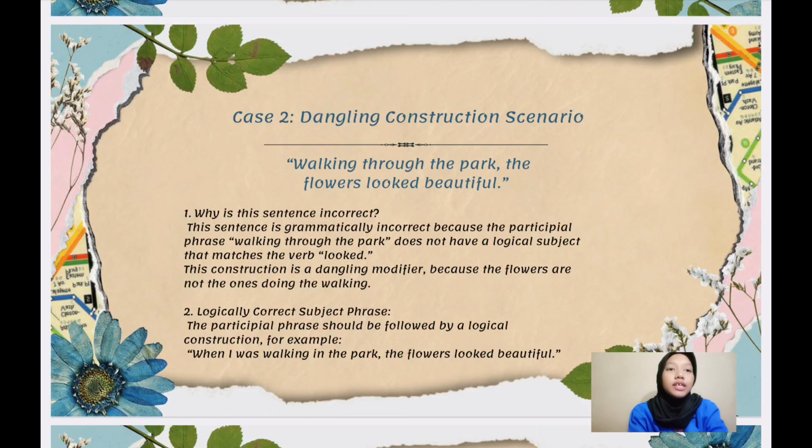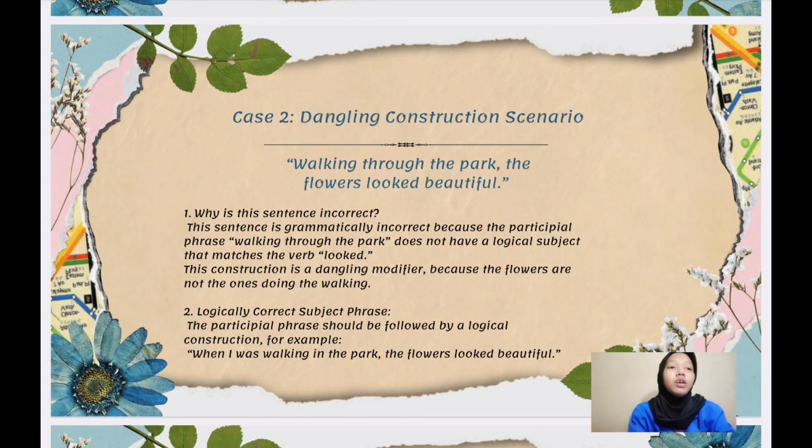This sentence is: walking through the park, the flowers looked beautiful. At first, it seems fine, but grammatically it's incorrect. Why? Because the subject of the participle phrase walking through the park doesn't match the main clause. The flowers are not the ones walking through the park.